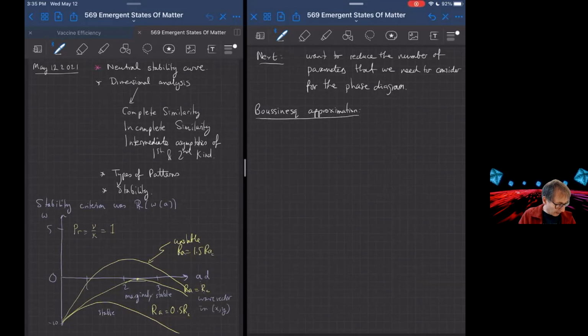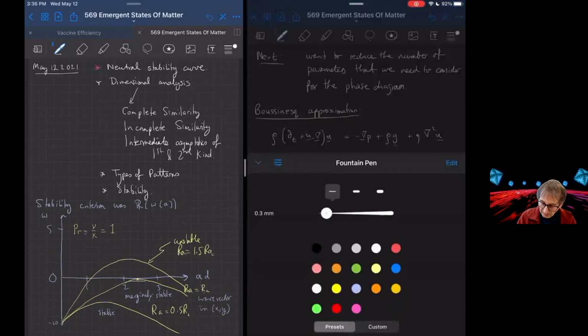So this is an approximation that we're going to make, and that is simply this. When we write down the Navier-Stokes equations, we wrote down rho times (du/dt plus u dot grad u) is equal to minus grad p plus rho g plus nu del squared u. So that was our Navier-Stokes equations, and the density was temperature dependent.